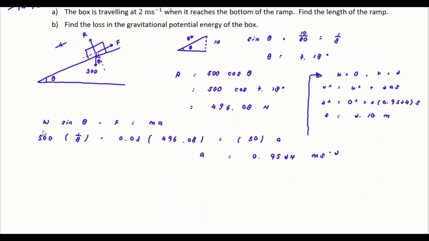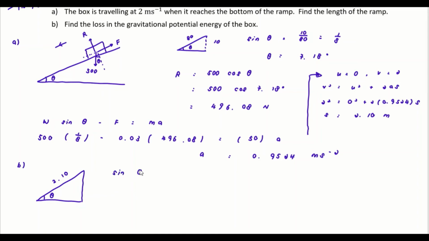Now let's solve part B. In this case, you already know the length of the ramp, which is 2.10, and you also have theta already. So now we can find out the height here. Just by using sine, sine theta is 1 over 8.